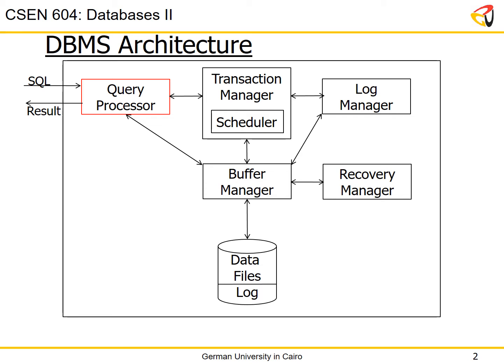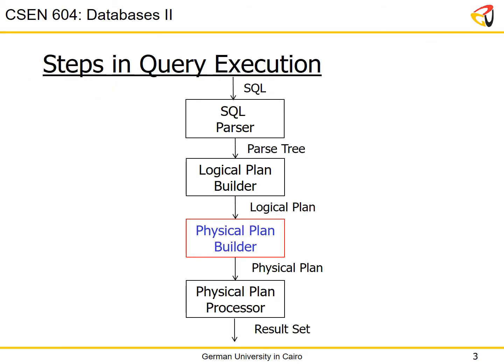The output from the logical plan builder is the selected logical plan, or relational algebra tree, that is considered to be most efficient. What we're going to look at today is the physical plan builder, which is really what gets run. This is what gets executed.